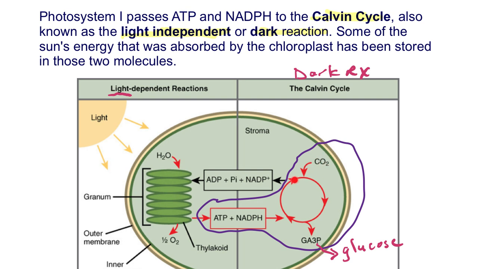Now, in using these energy sources, when the energy is taken, they'll go back to the thylakoids and get recharged again over and over. So you can't have the dark reactions unless you have these energy molecules produced from the light reactions.